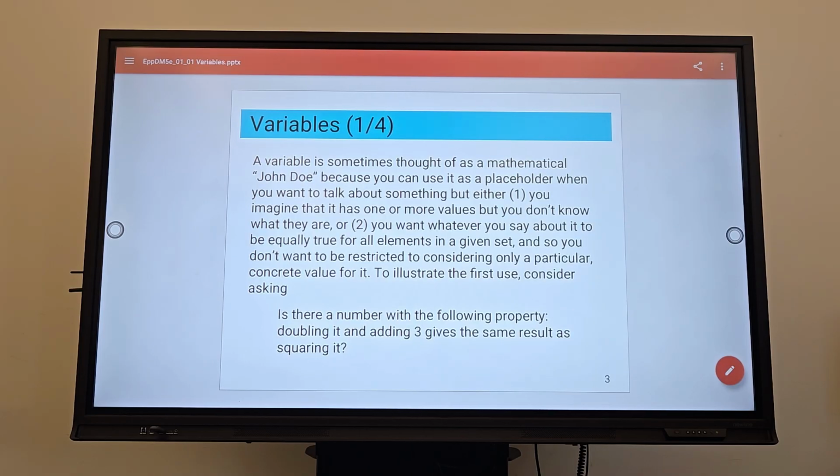So you don't want to be restricted to considering any particular value for that item.